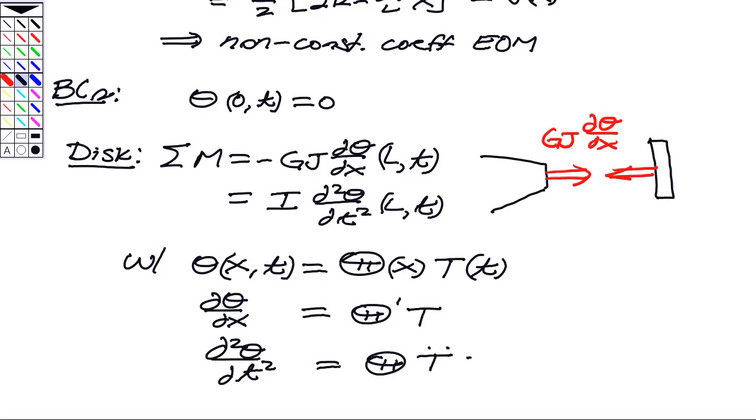And as we've seen, T double dot is minus omega squared T. So this becomes minus omega squared Theta times T.